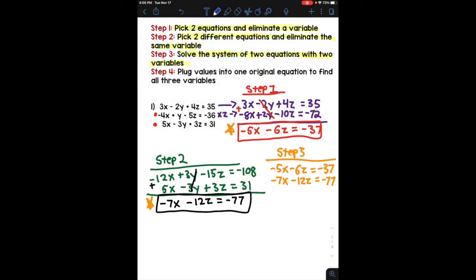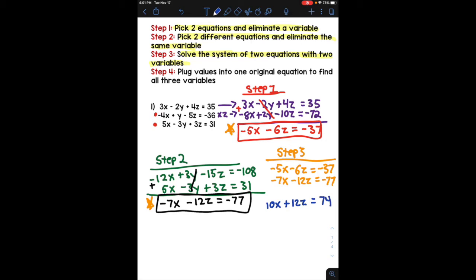So if I were to multiply the first equation by negative 2, we'd have positive 10x plus 12z equals positive 74.